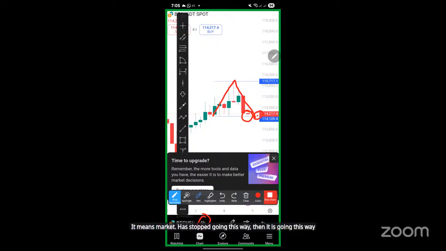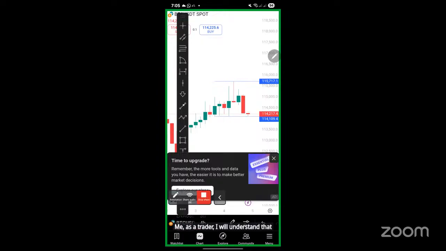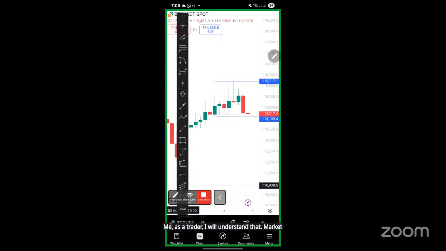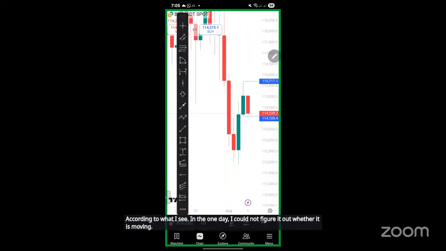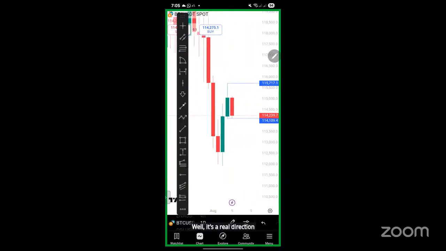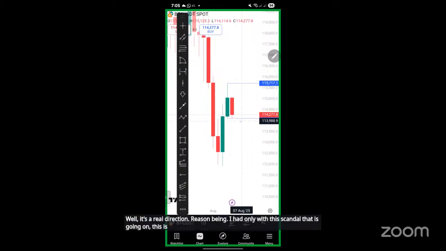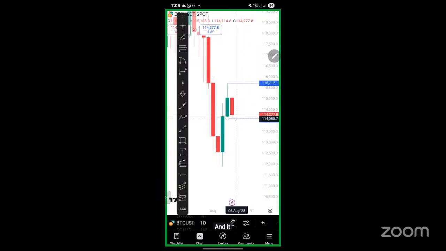Me as a trader, I will understand that the market is moving down according to what I see. In the 1 day, I could not figure out its real direction, because I had only this candle that is going on, which has not yet closed and is a bearish candle, and the previous candle is a bullish candle.